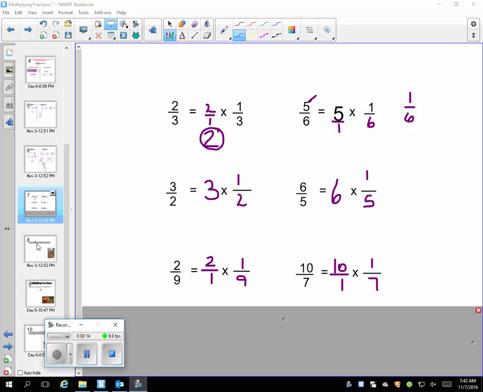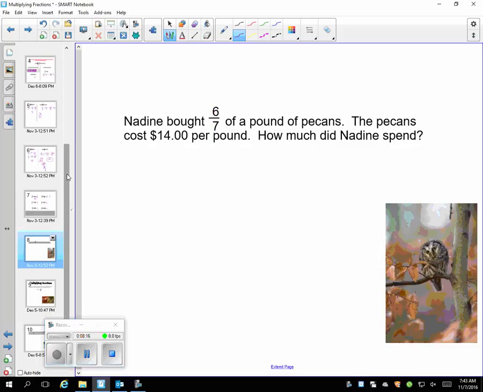All right, let's try a word problem together. Nadine bought 6/7 of a pound of pecans. The pecans cost $14 per pound. How much did Nadine spend? Here's that fraction of, you can see right there, fraction of a pound. Remember what I told you that fraction of meant? Means a fraction times.